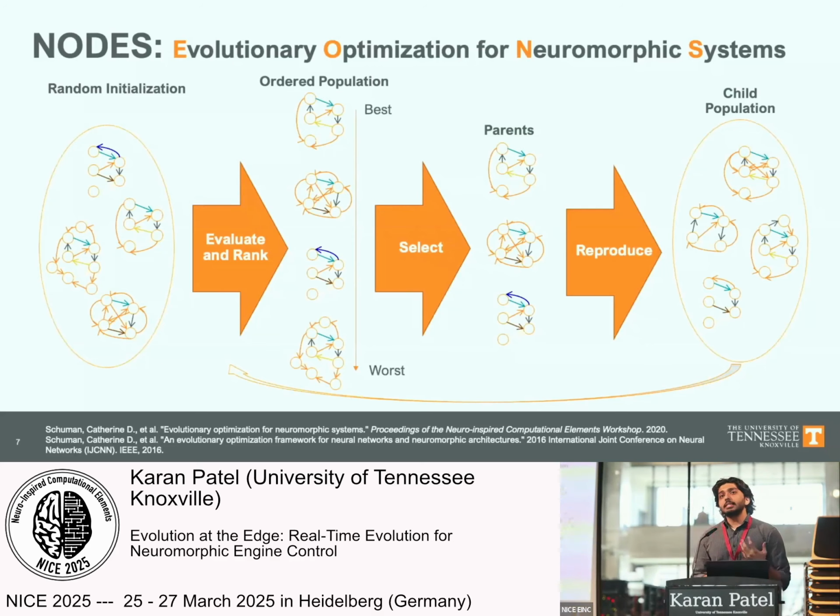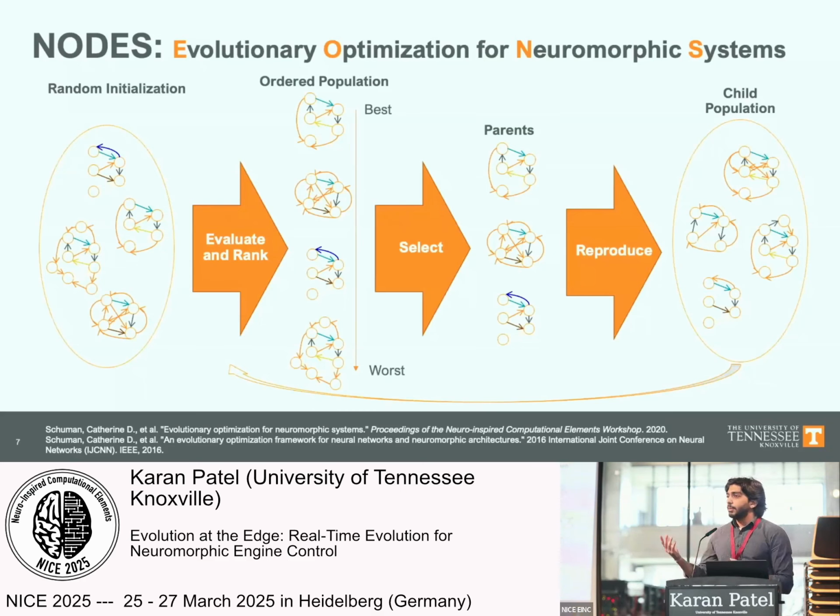The top performers are then selected to act as parents to produce the next generation through a series of reproduction steps. The first of these steps is crossover, where traits of the parent networks called genomes are combined together to produce a child network. This child network can then undergo a mutation process, which introduces random changes to its genome to further diversify the population.